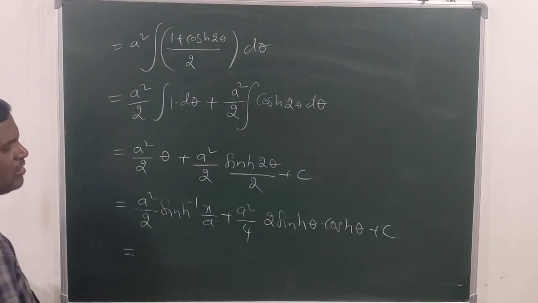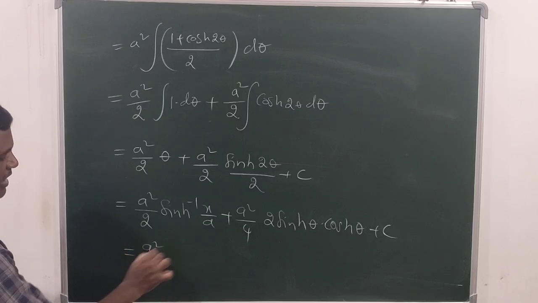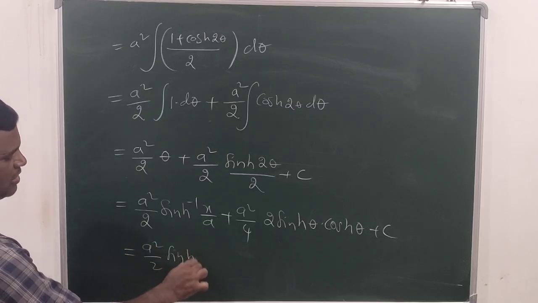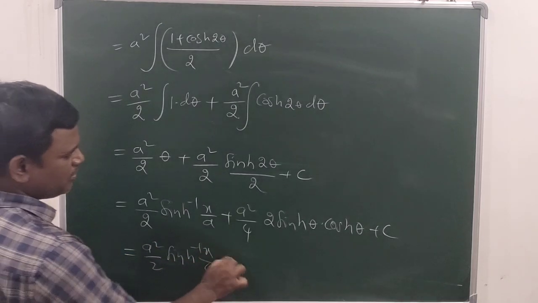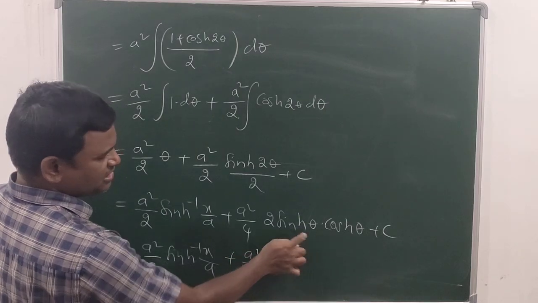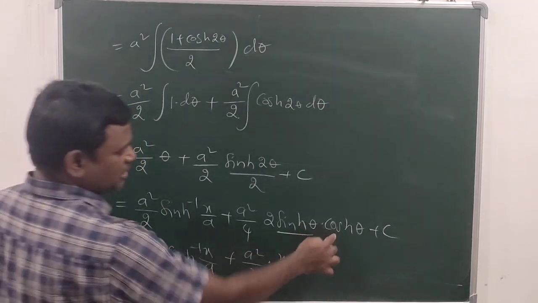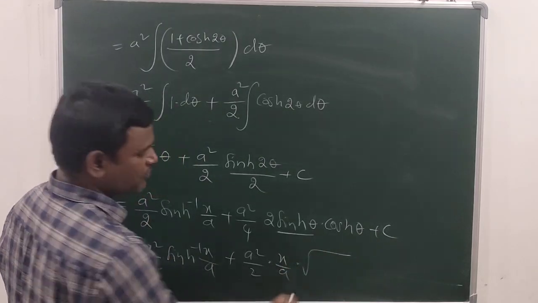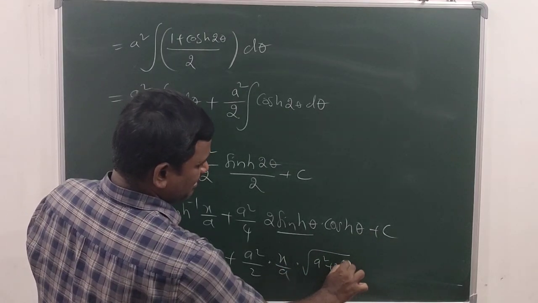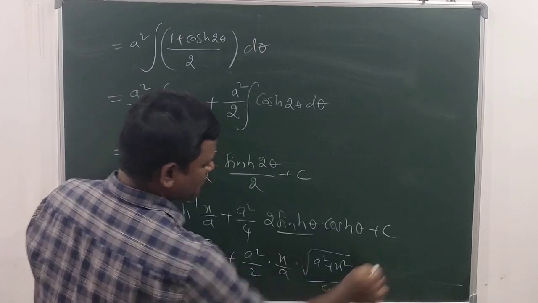So what do you get here? a square by 2 sinh inverse of x by a plus a square by 2. This sinh theta can be written as x by a. So this cosh theta can be written as root of a square plus x square by a, students.